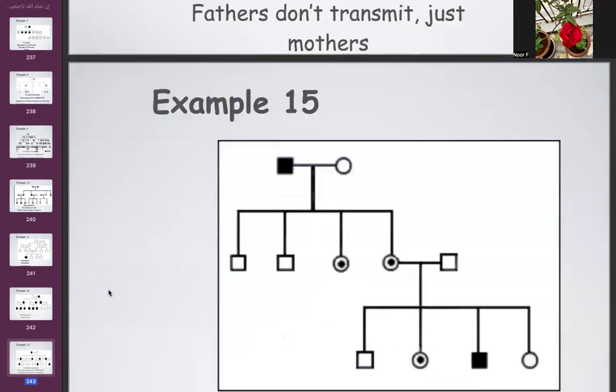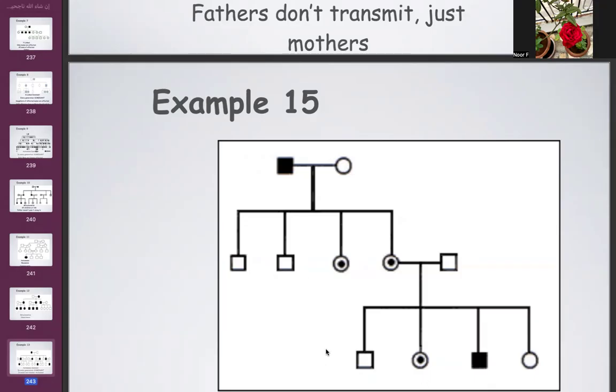Example 15. Now the father is affected and the females are carriers, because the males receive the X chromosome from the mother and are not affected.